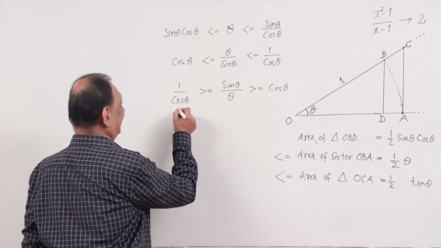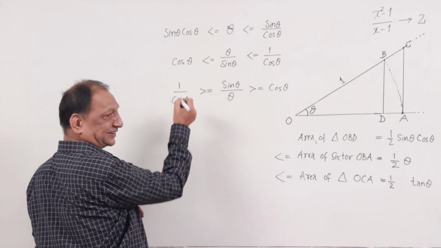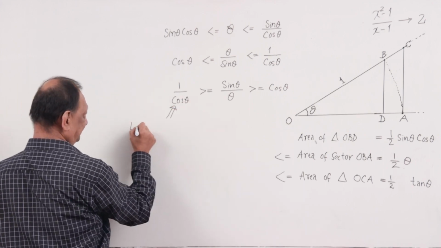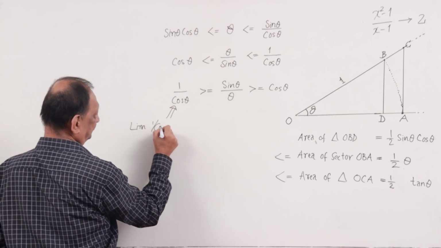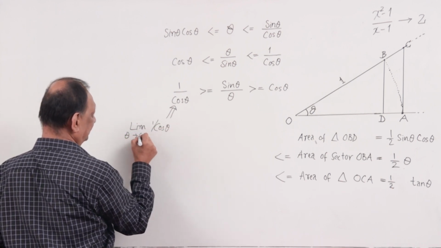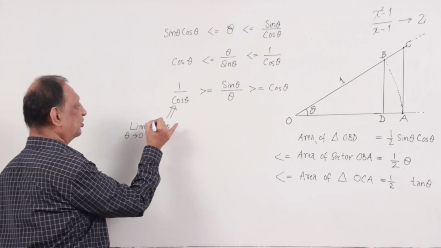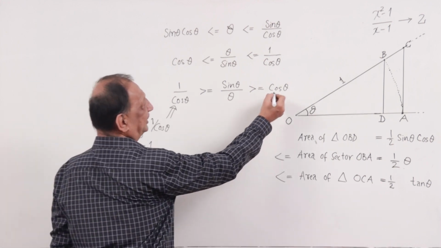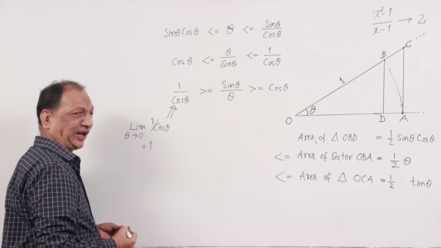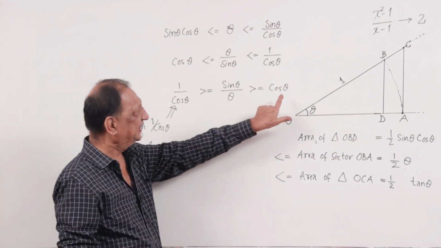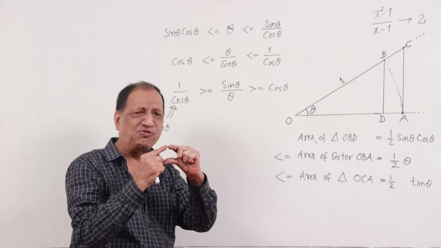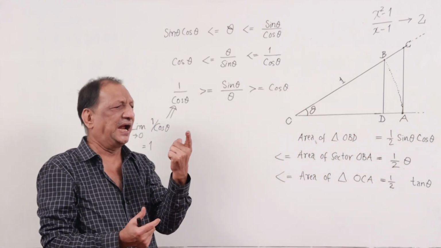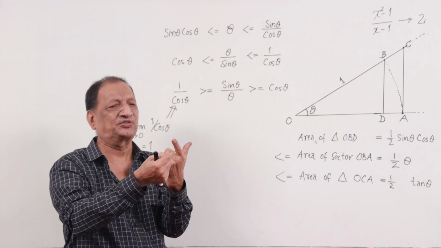Now, let us write, what is the limit of 1 over cos theta as theta goes to 0? Cos theta goes to 1, 1 over cos theta also goes to 1. Must be equal to 1, right? And the limit of cos theta as theta goes to 0 is also 1. No problem there. Only thing is, cos theta will be slightly less than 1 when theta is very small, and it keeps increasing and reaches 1.